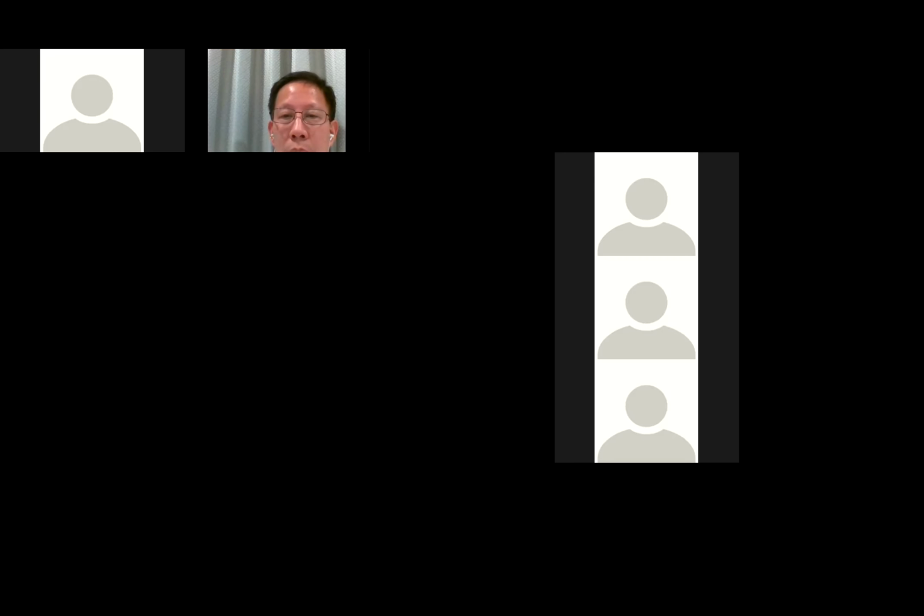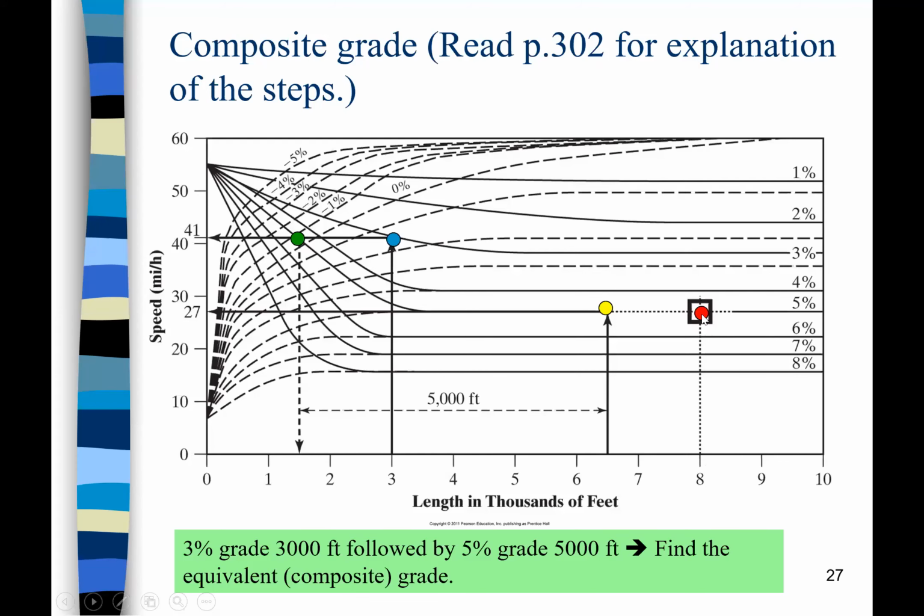Because at the same point, 8,000 feet is 5%. So it's not 4.25, it's 5%. So this is the right measurement for a composite grade. As a traffic engineer, you may need to consider using the composite grade rather than the average grade.